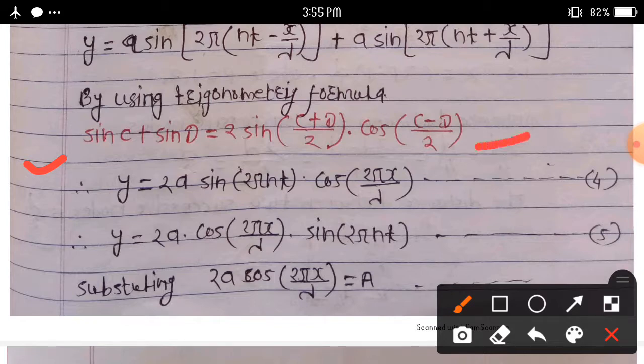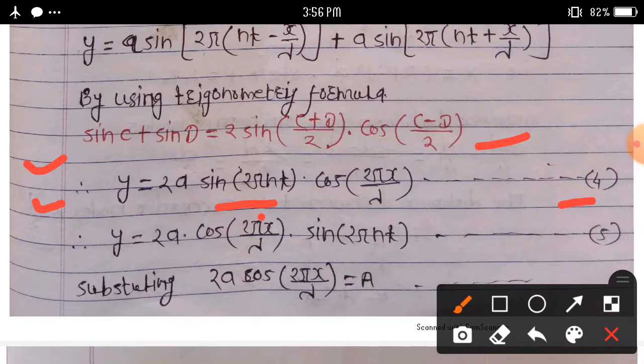According to this formula, we get y = 2a sin 2 pi nt cos 2 pi x/lambda. Consider this equation number 4.